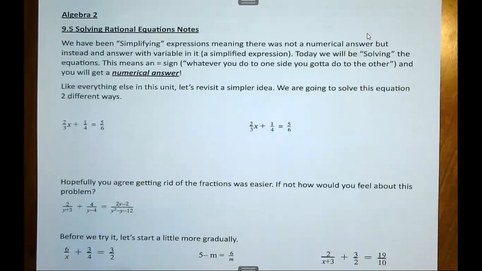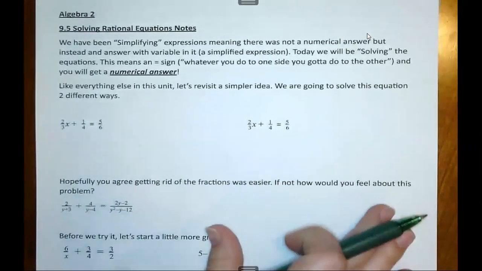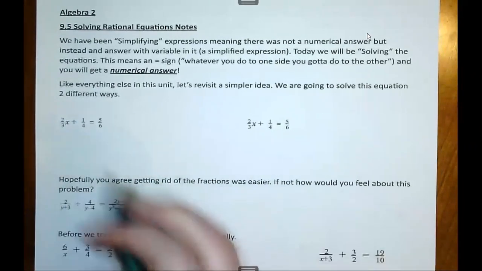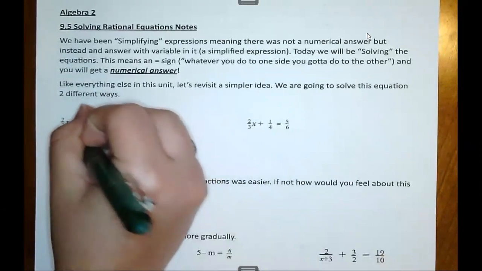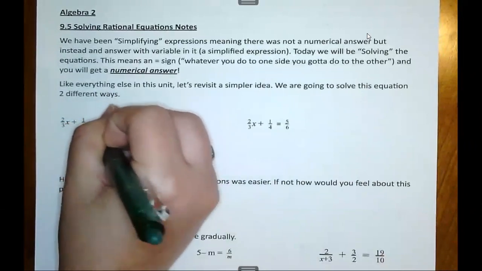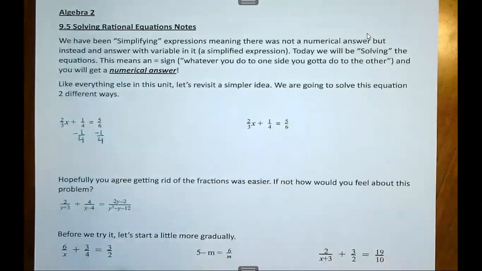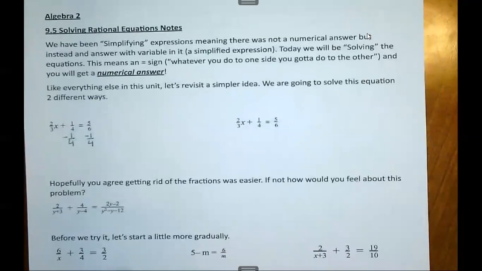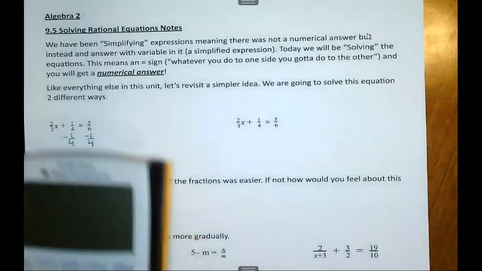So the first way to solve this, if we're trying to get x by itself, we would want to move the 1/4. So we would do that by subtracting 1/4 from both sides. You could get a common denominator, or you could type it in your calculator. If you do that, remember to put parentheses around your fractions.